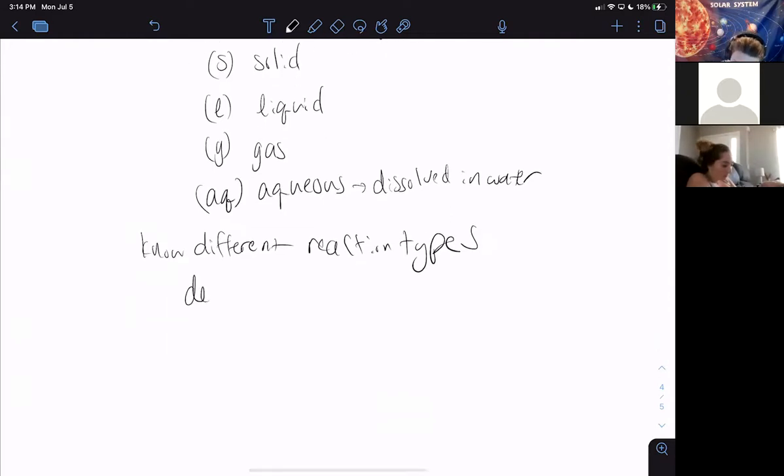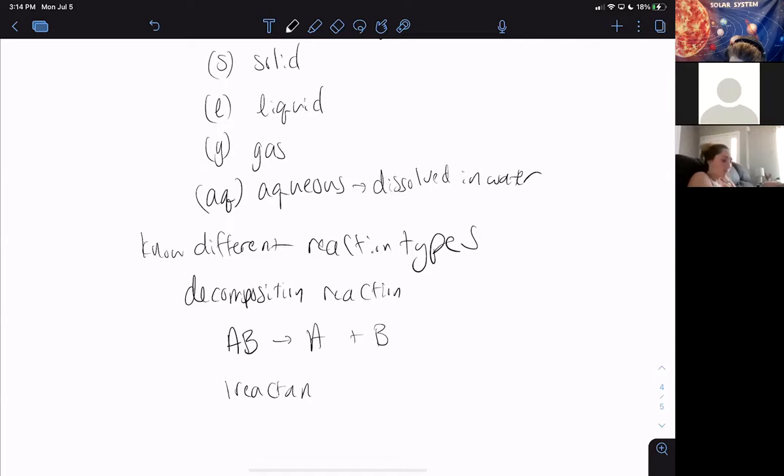So we've got decomposition reactions. So that's where you have some substance that breaks down into 2 or more substances. You have one reactant, 2 or more products.